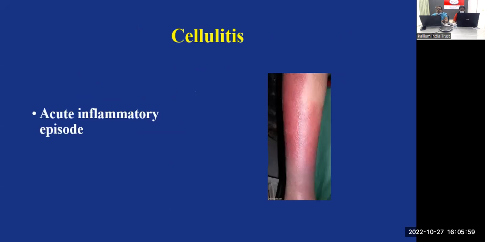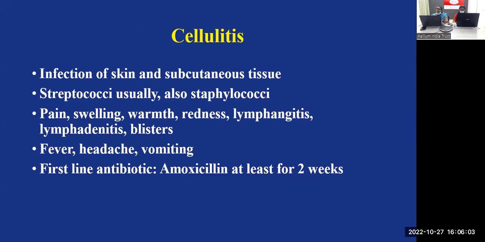So there are two complications of lymphedema. One is cellulitis, and the other one is lymphorrhea. If they have cellulitis, we all know the signs and symptoms of inflammation. Redness will be there, swelling will be there, definitely pain will be there, and heat will be there.